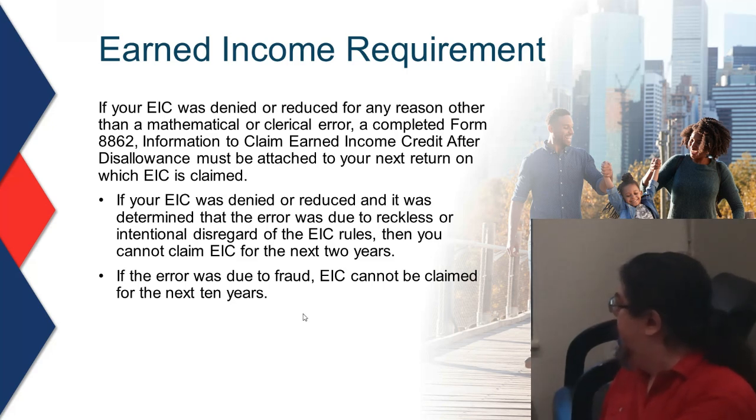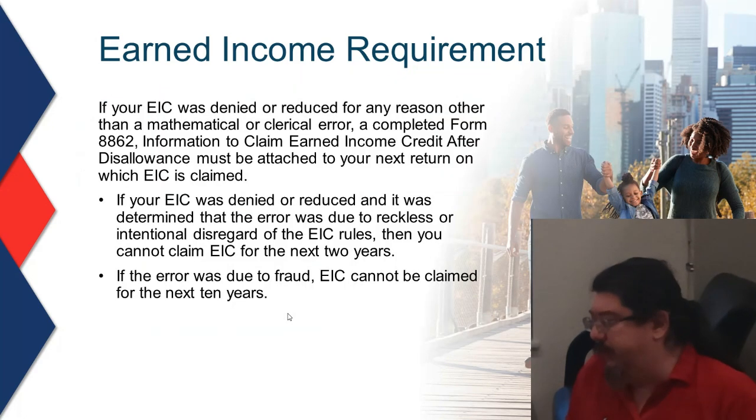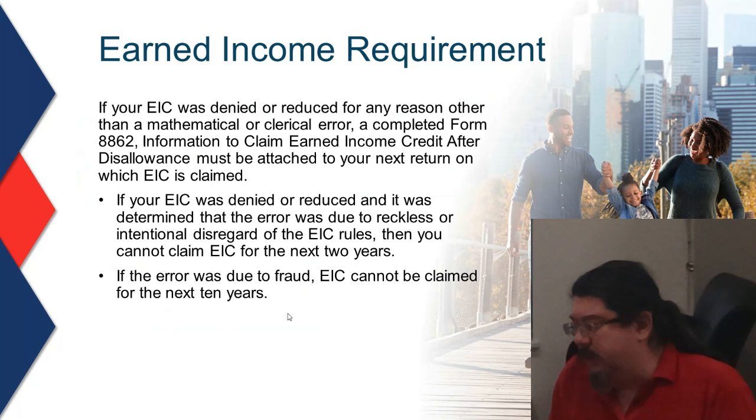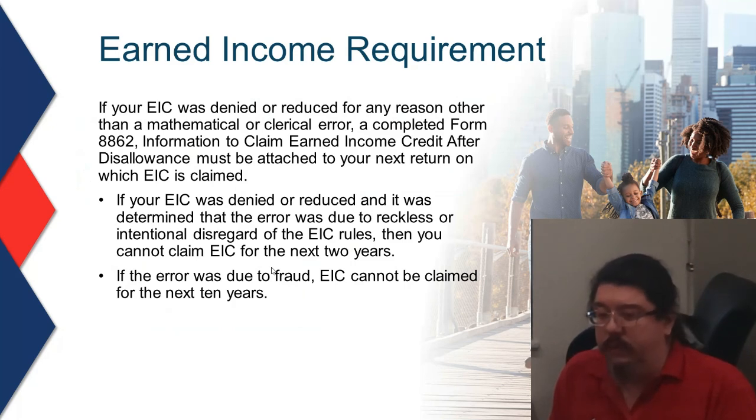Before I look at the 8862, we'll also note that if the IRS determined that your error was reckless or intentional, then you can be barred from claiming earned income credit for 2 years.